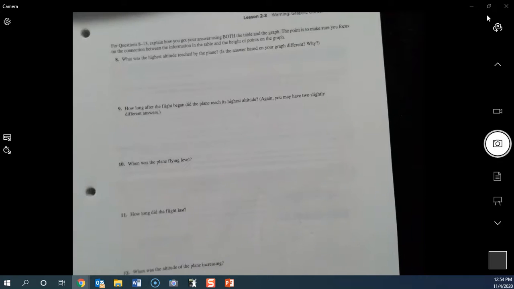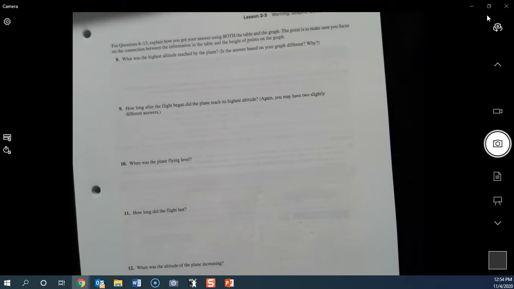It says here, for questions 8 through 13, explain how you got your answer using both the table and the graph. The point is to make sure you focus on the connection between the information in the table and the height of points on the graph. What was the highest altitude reached by the plane? Now, if you look here, all you have to do basically is look at the Y value.